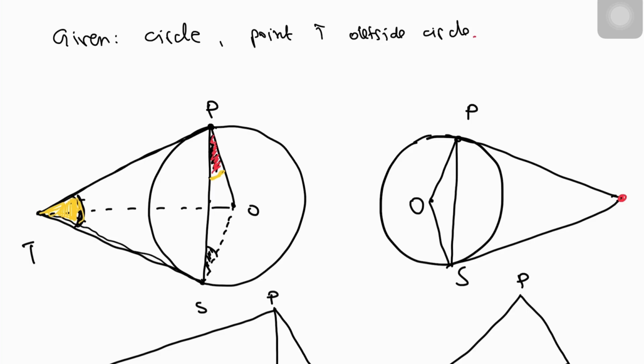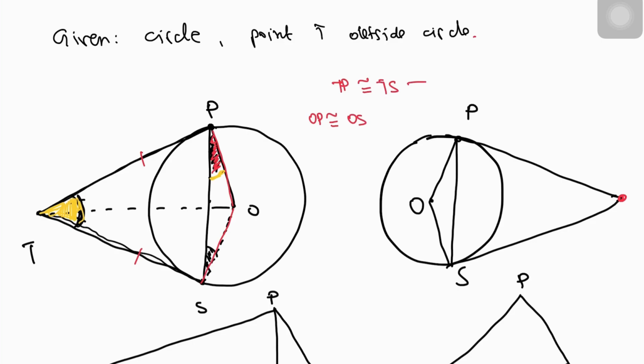As you maybe know from courses of geometry, the basic fact is that TP is congruent to TS. And also OP and OS are congruent because they are radii of the same circle. So OP equals OS.